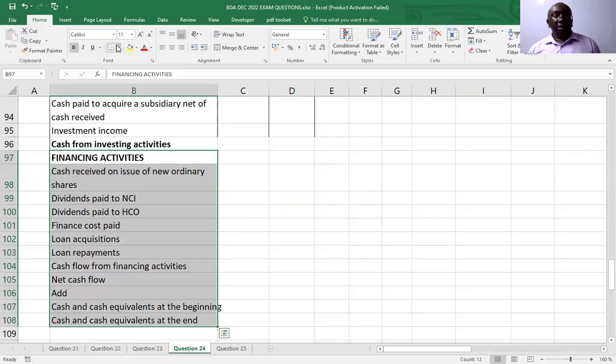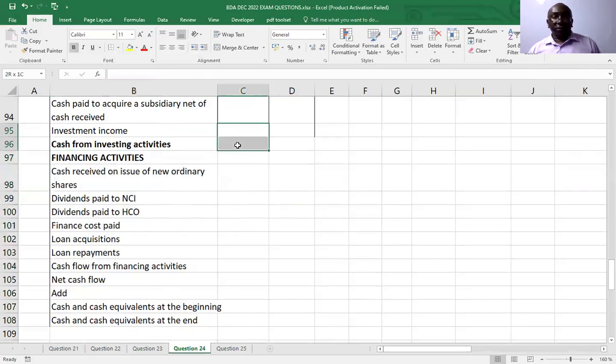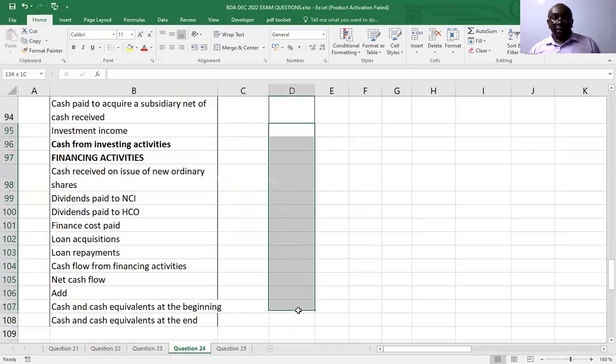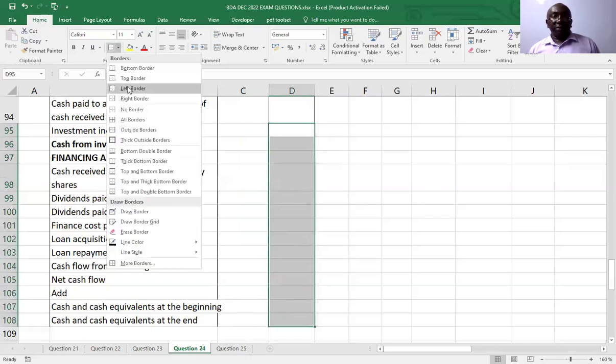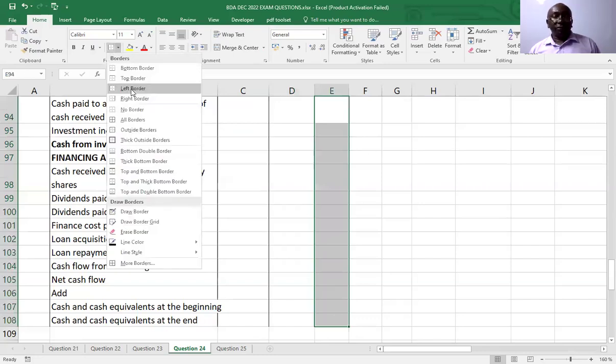So that's the format of the cash flow statement. What I've given you there is the general format that you should have in mind when you're approaching this question.